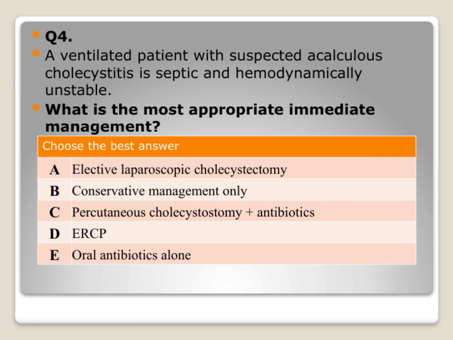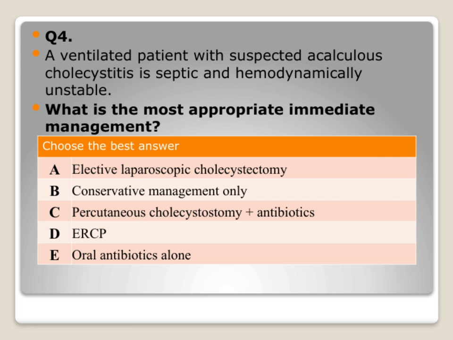Percutaneous cholecystostomy with antibiotics, option C, is often used as a bridge in unstable patients. It allows for drainage of the gallbladder and stabilization before definitive surgery. ERCP, option D, is typically reserved for cases with bile duct stones or cholangitis, but not as an immediate step in this scenario.